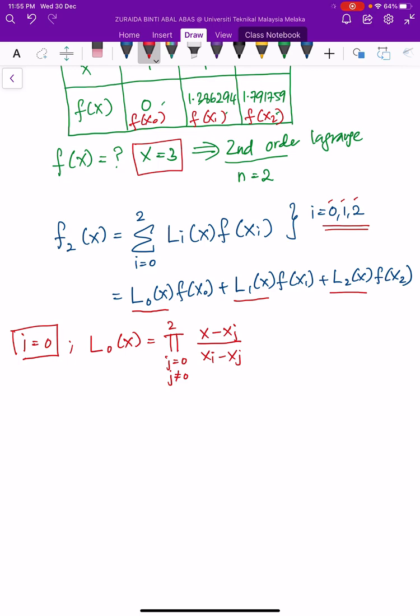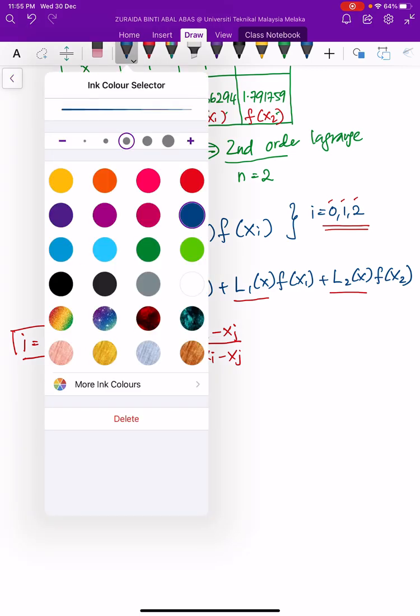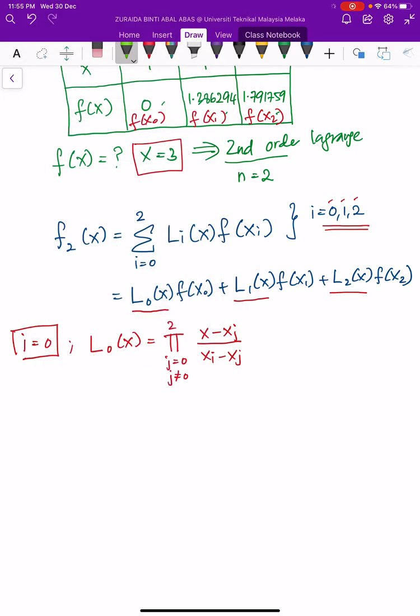Before we expand this, I would like to explain this again. Our j will take the values 0, 1, and 2, but we have this added condition that it cannot be equal to 0. So we only have j equal to 1 and j equal to 2.